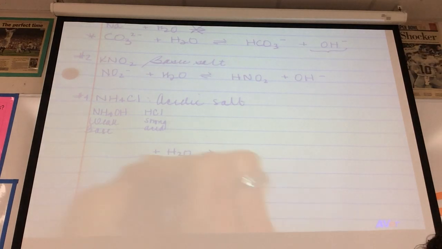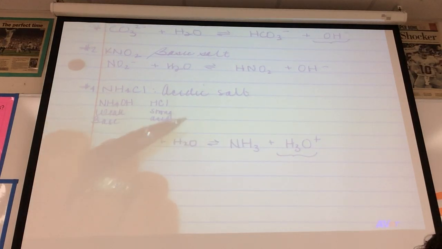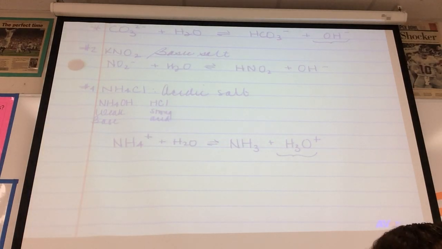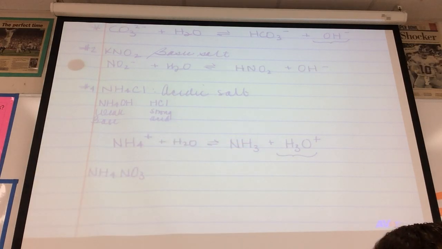Ammonium ion reacts with water, and you get ammonia and hydronium ion. So the generation of the hydronium ion is what's indicative of the acidic salt. What hydrolyzes here is the cation, and this grouping typically is ammonium something. So ammonium nitrate would be another example with the same hydrolysis reaction.